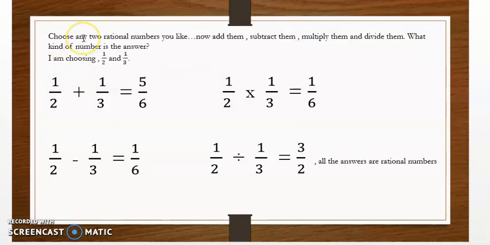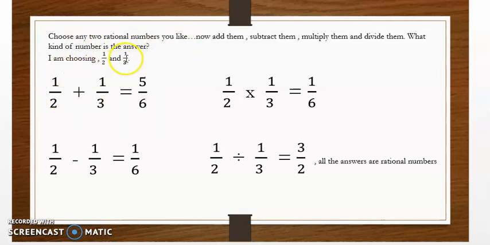Choose any two rational numbers you like. Here I have chosen 1 by 2 and 1 by 3. Now I want you to add them, subtract them, multiply them and divide them, and tell me what kind of number your answer is.